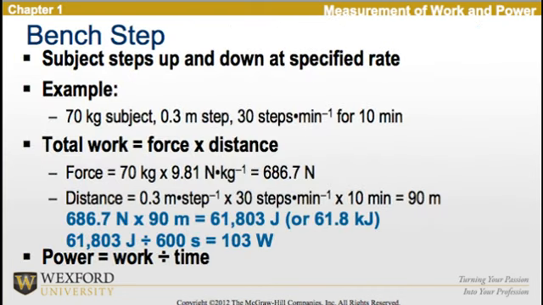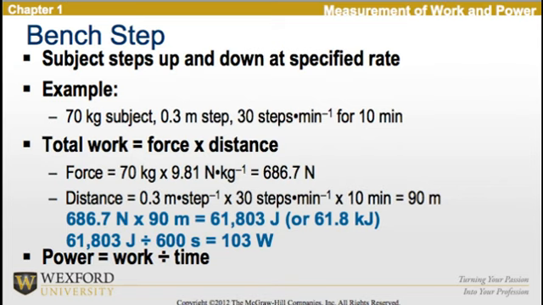The first measurement of work and power will be using the bench step. Subjects are to step up and down at a specific rate. For example, we would have a 70 kilogram subject on a 0.3 meter step, taking 30 steps per minute for 10 minutes. The total work is going to be equal to the force times the distance.